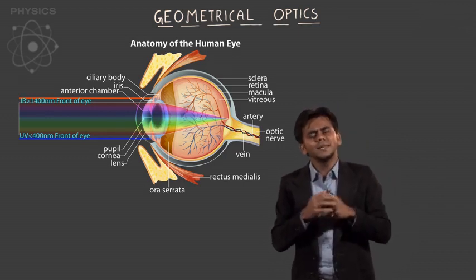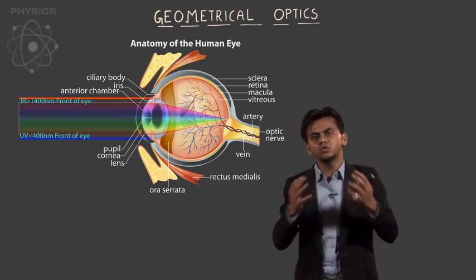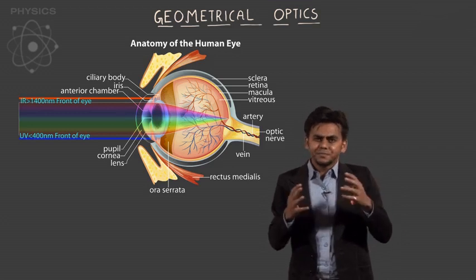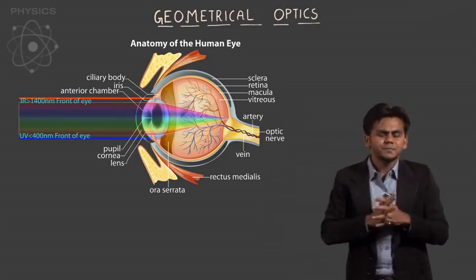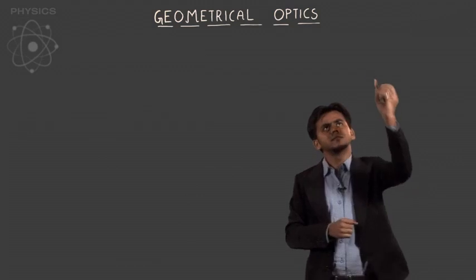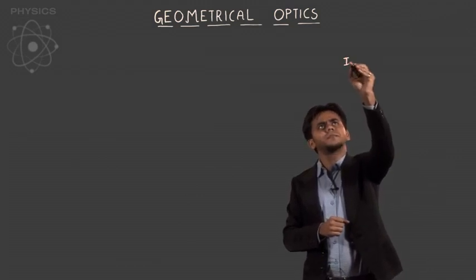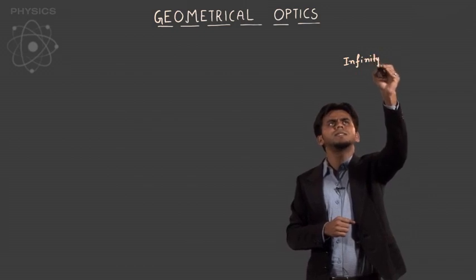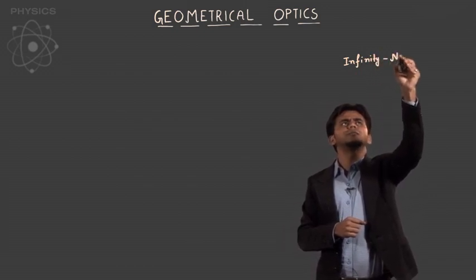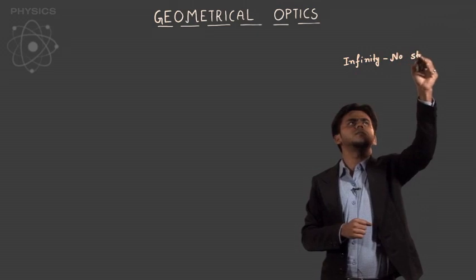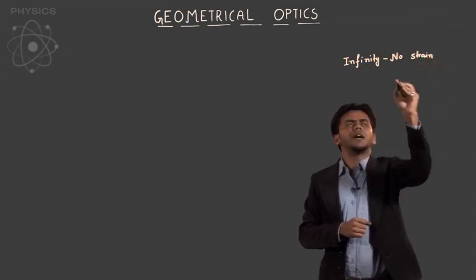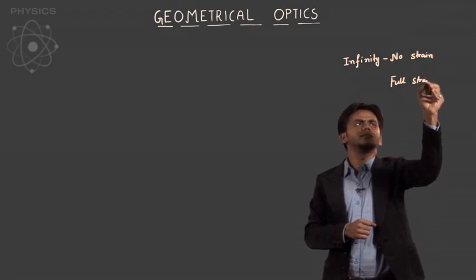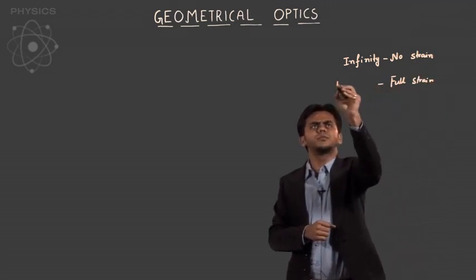Now, the ciliary muscles have a limitation. They cannot reduce the focal length to a very low value. So I have a range. I can see objects from infinity very well, because there is no strain on the ciliary muscles. And when you have full strain, this is known as the near point.